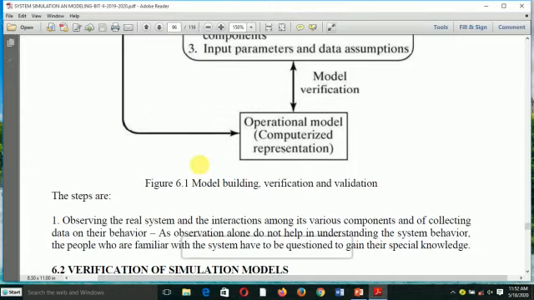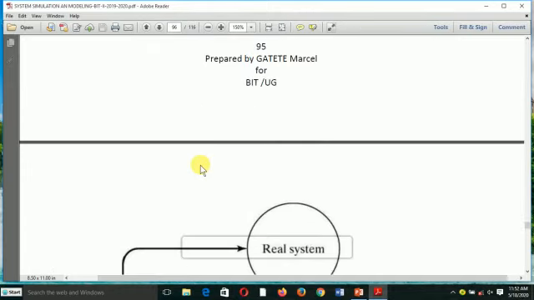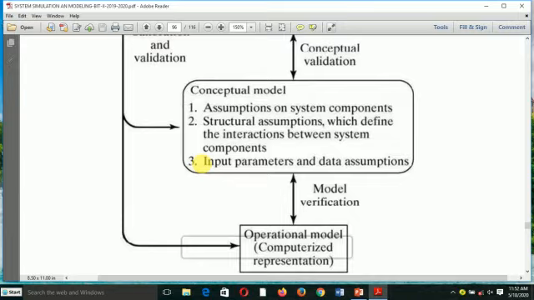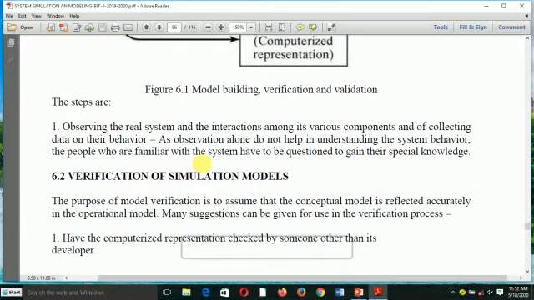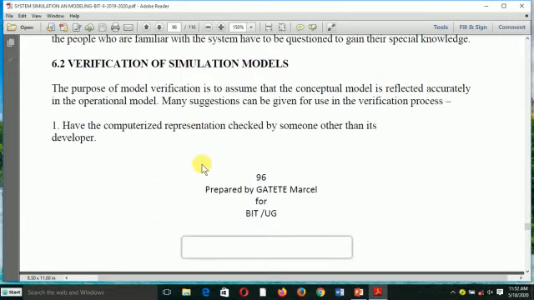This step is the same as the step we had in the previous section. So we can have a verification of the simulation. We can verify the simulation model. Here we are in the computer. We have to verify the simulation to see that there are no errors in our system.